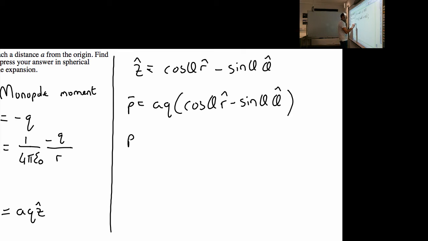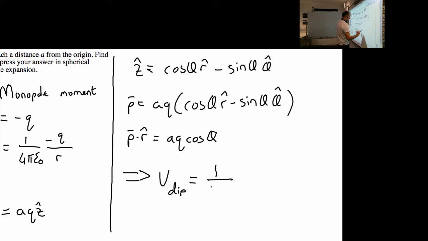Okay, so P dot r hat will equal aq cos theta. So therefore our potential for a dipole will just equal 1 over 4 pi epsilon naught by aq cos theta divided by r squared. Okay, so that's our dipole potential.